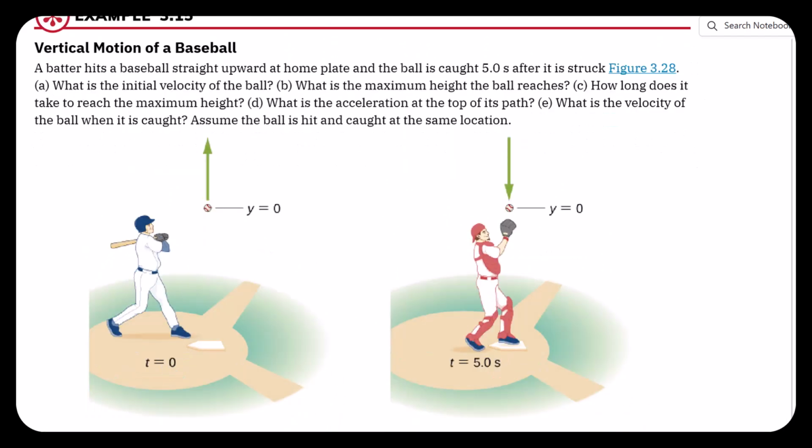Okay, so a batter hits a baseball straight up, and it's caught 5 seconds after it's struck. What's the initial velocity? What's the maximum height?